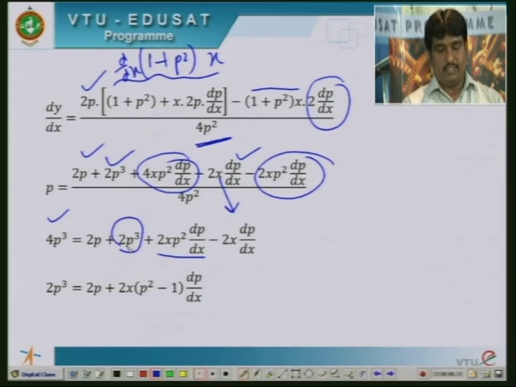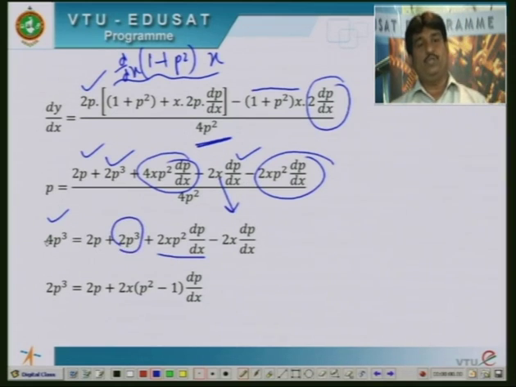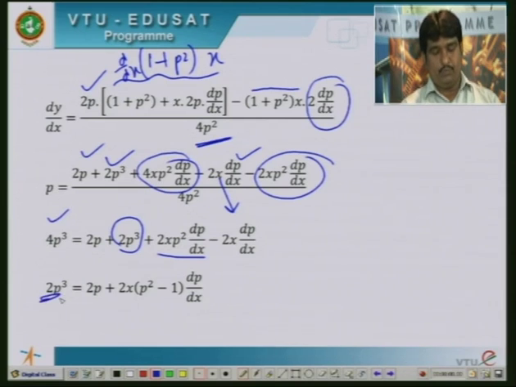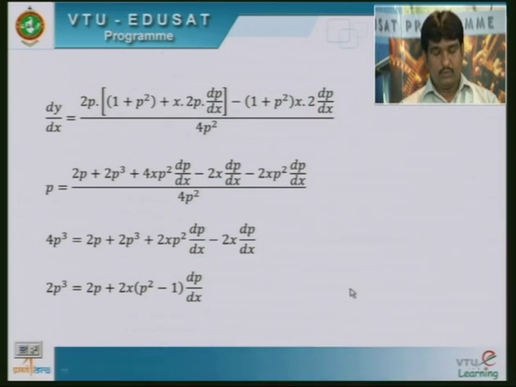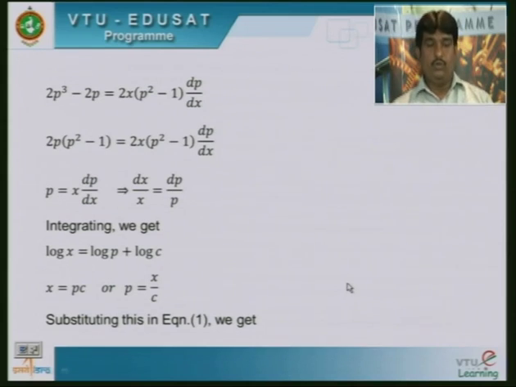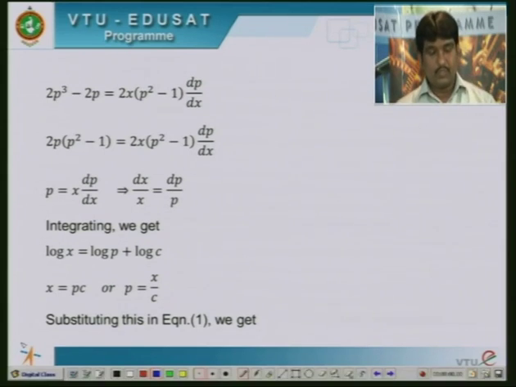When you transfer this term to LHS, we get 4p cube minus 2p cube as 2p cube equals 2p as it is, plus in these two terms take 2x and dp by dx common to get 2x into p square minus 1 into dp by dx. Which implies 2p cube minus 2p equals 2x into p square minus 1 into dp by dx.